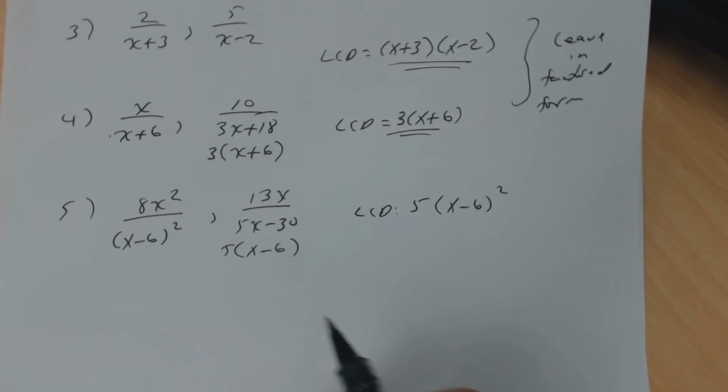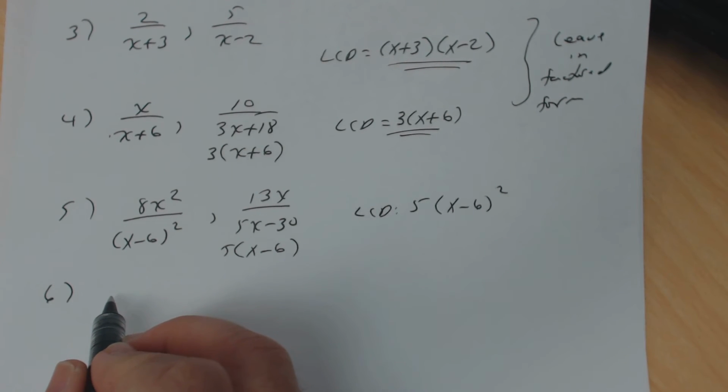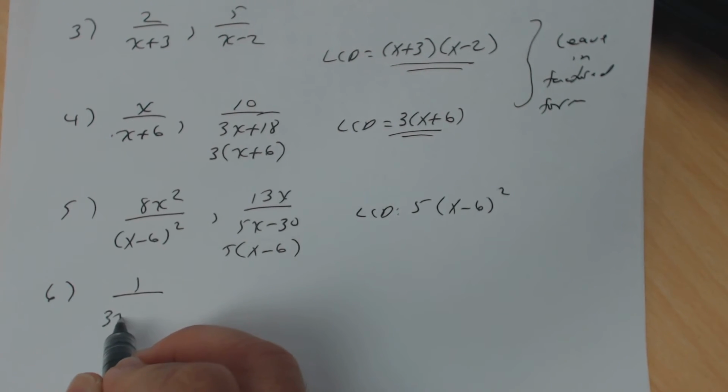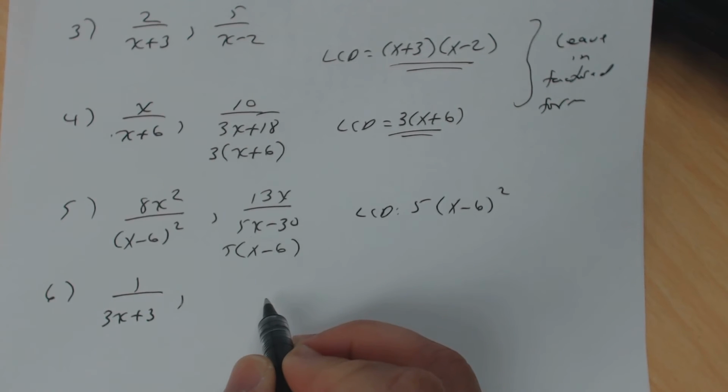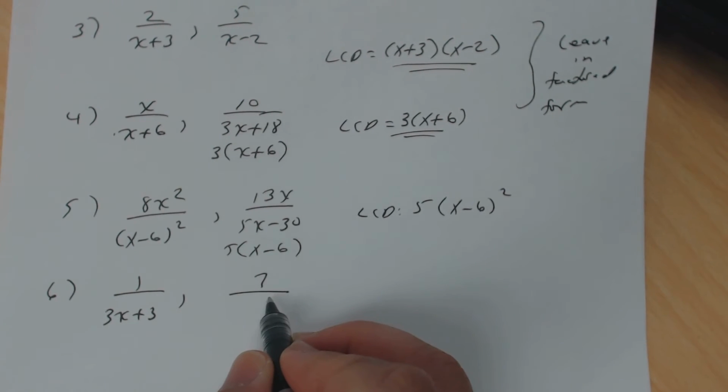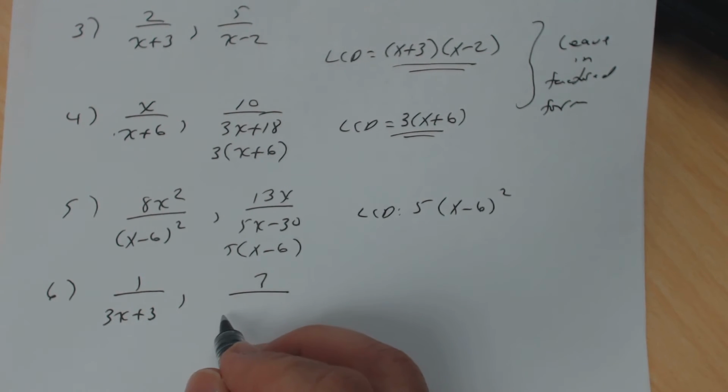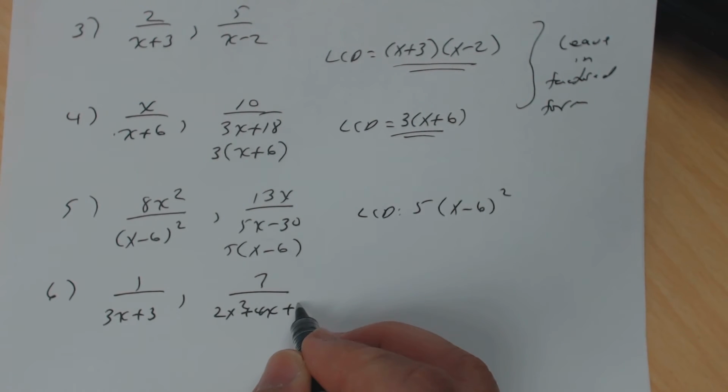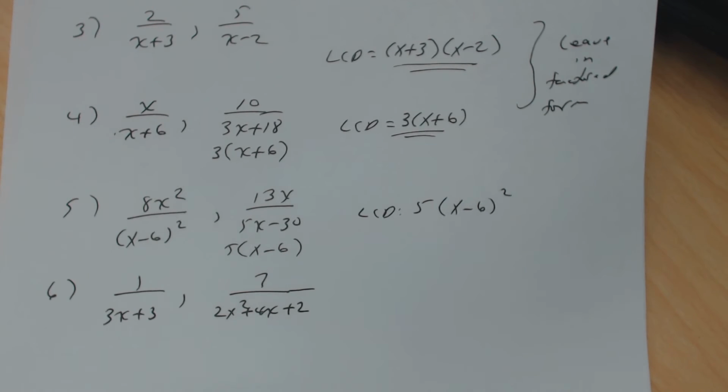All right, number 6. Suppose you had 1 divided by 3x plus 3, comma, 7 divided by 2x squared plus 4x plus 2. All right, so factor the denominators.